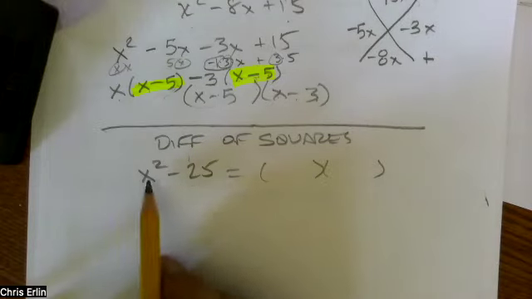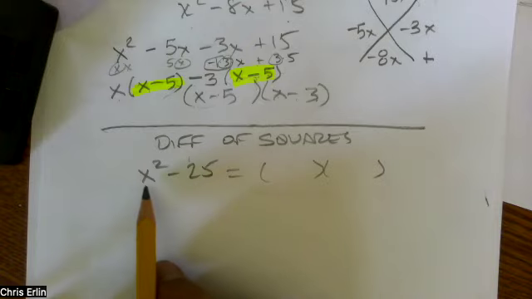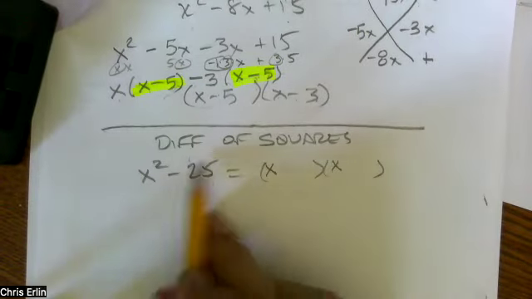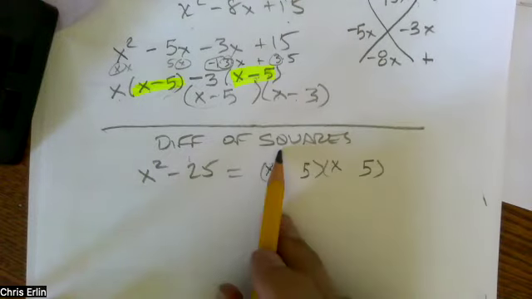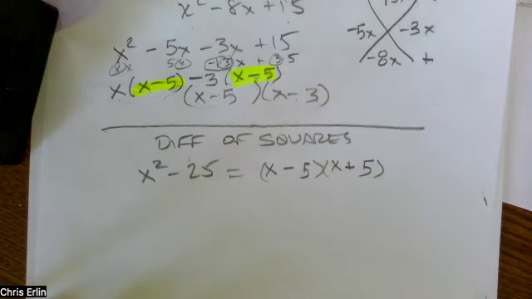X squared is a perfect square. 25 is a perfect square. What is the square root of x squared? X. What's the square root of 25? 5. And when it's a difference of squares, you're going to have one positive and one negative. X minus 5, x plus 5.